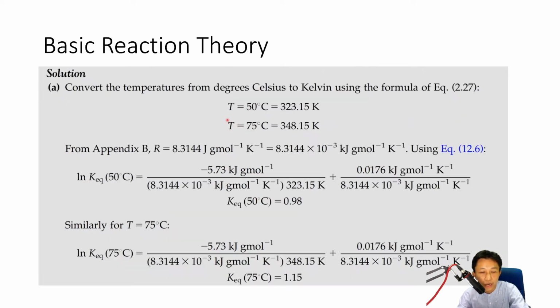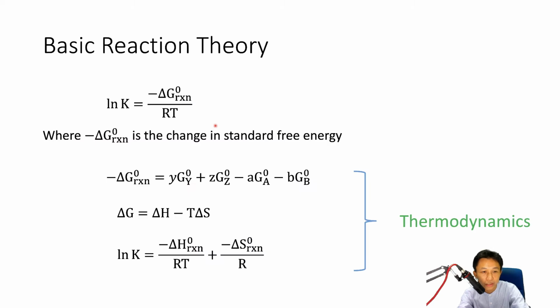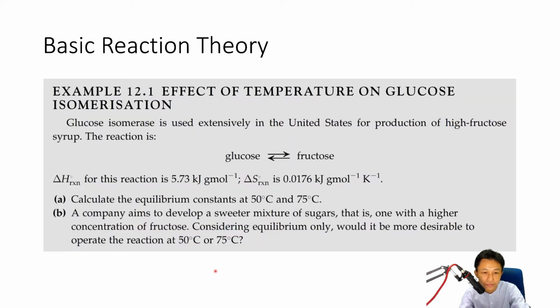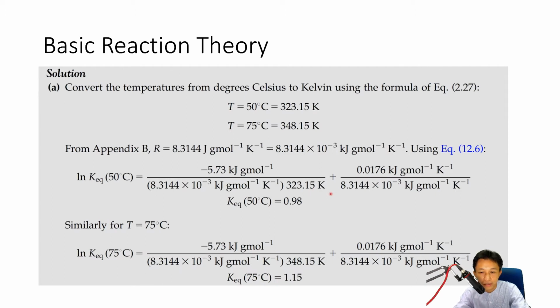And you use the equation that I mentioned, which is this one, and you just change the temperature here. This is the equilibrium constant at 50 degrees Celsius, which is 0.98, and at 75 it is 1.15.